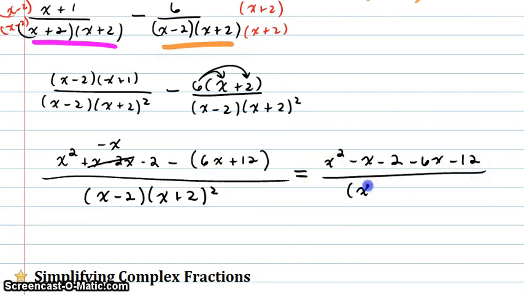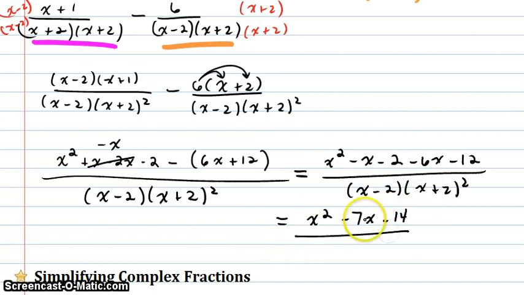Okay, then we're going to put that over x minus 2 times x plus 2 squared. The final step, we still have to combine some more like terms here. So we have x squared minus 7x minus 14, and then x minus 2 times x plus 2 squared.